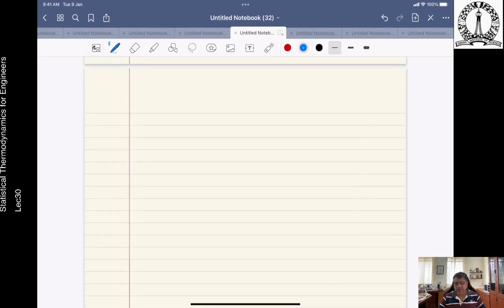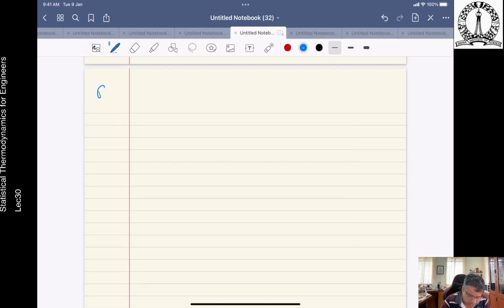This time, when we look at all these things, you can see that it is actually an onerous task to determine the transition dipole moment.